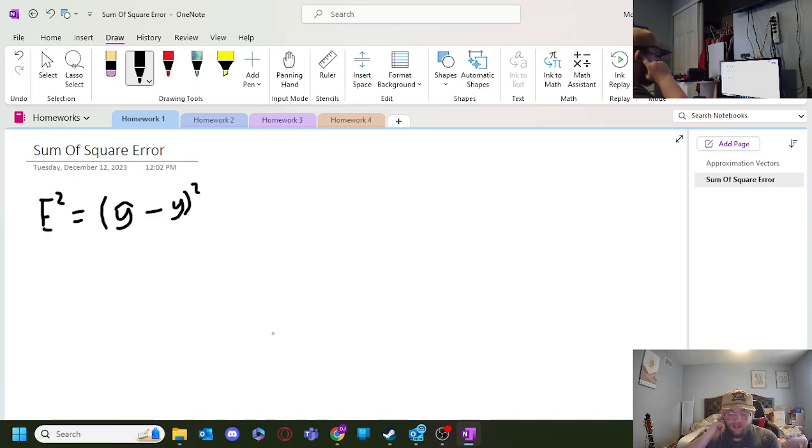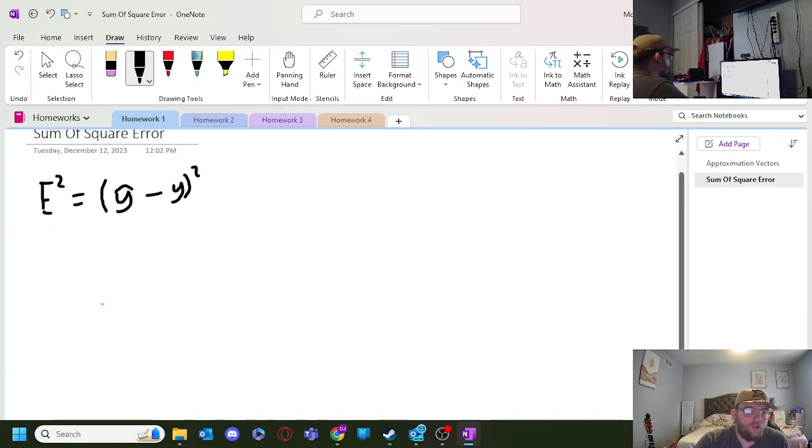Now, in our case, for the Antoine equation that we're talking about up here with our approximation vectors, ours gets a little tricky, because we're working with vectors, not just numbers.